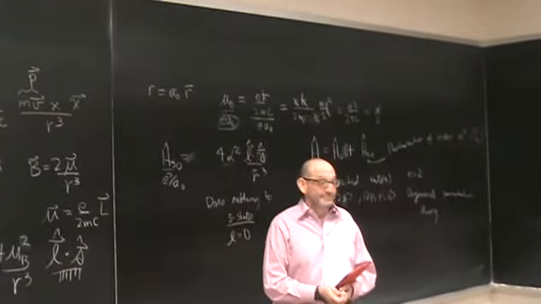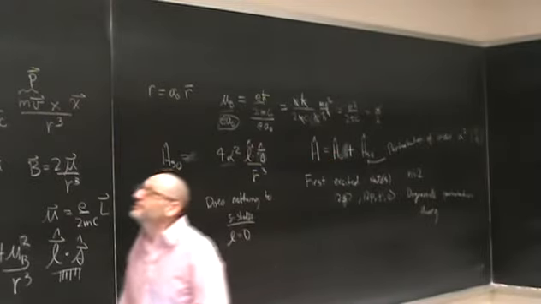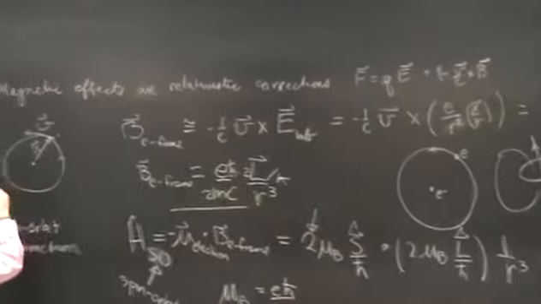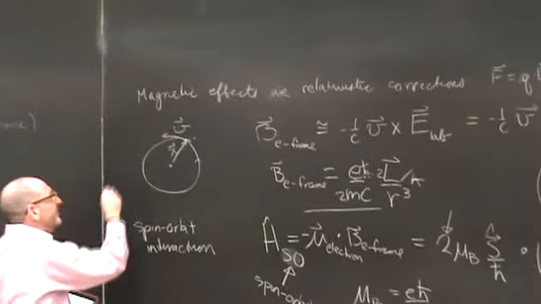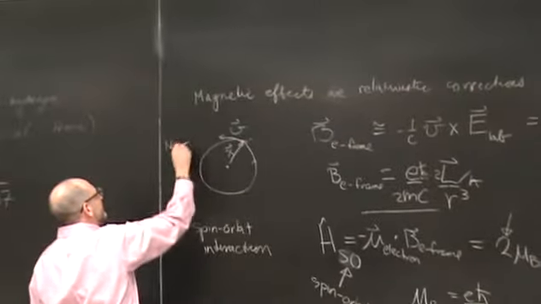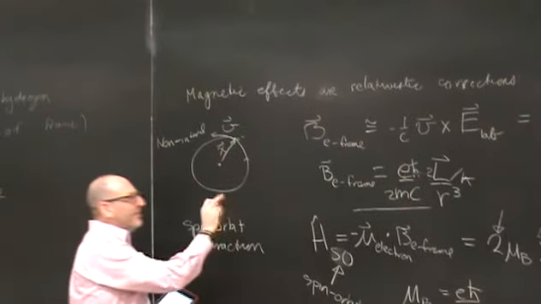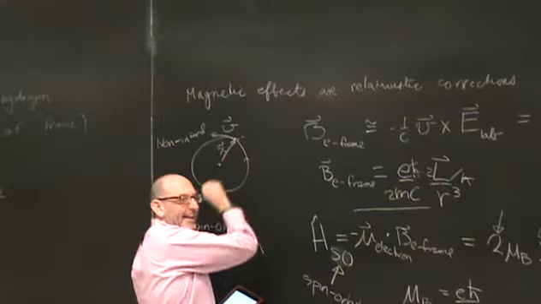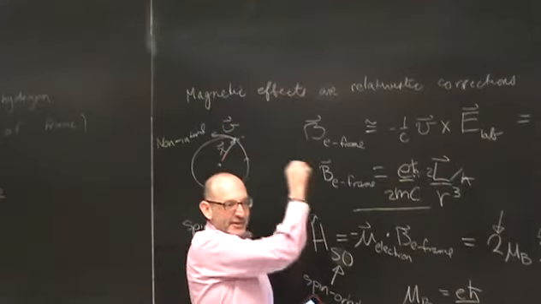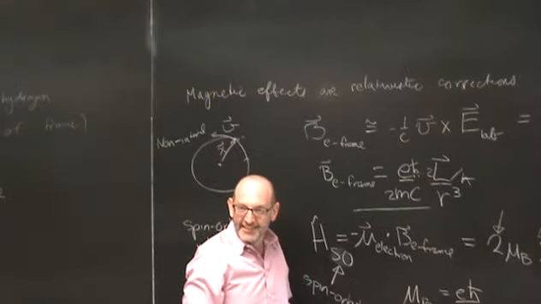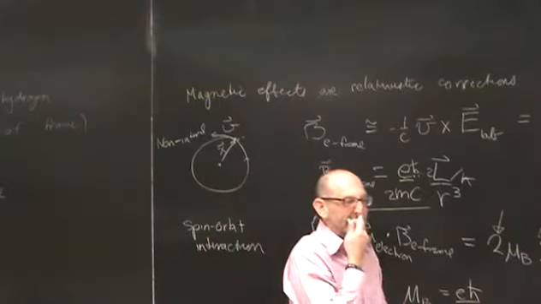I cheated. I cheated because I went to a non-inertial reference frame when I did this transformation. So this formula isn't exactly correct when you go to a non-inertial reference frame, because of course special relativity is about inertial transformations.